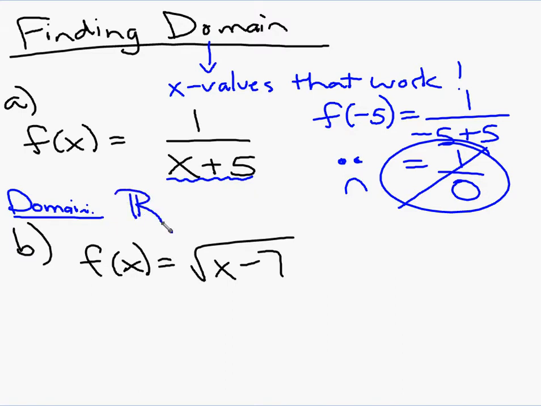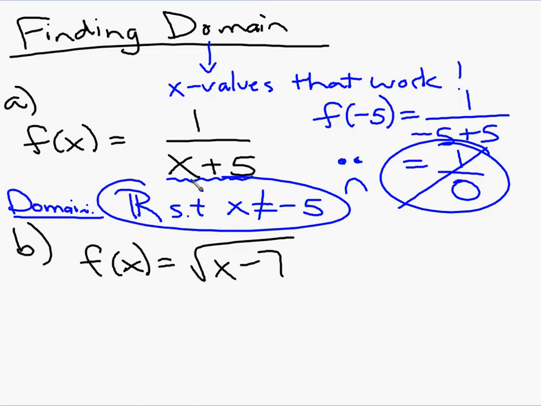You put that double line on the capital R, and that stands for all real numbers, such that x does not equal negative 5. That's one way that you could write your answer. All of the x values such that it doesn't equal negative 5.